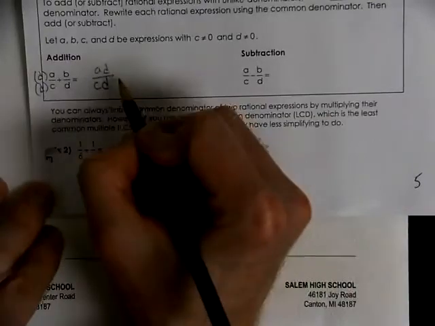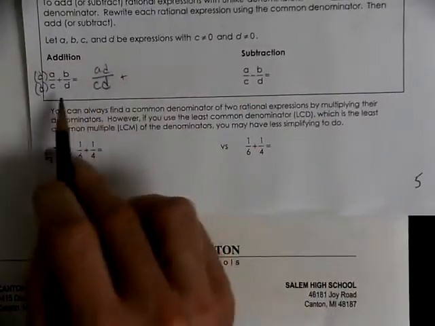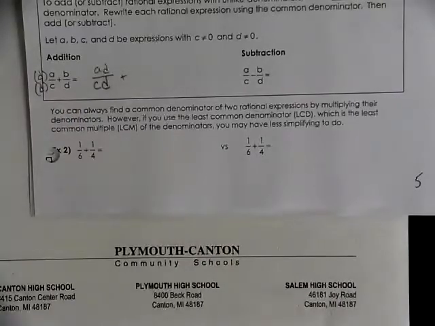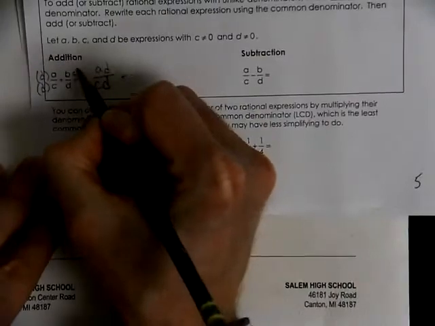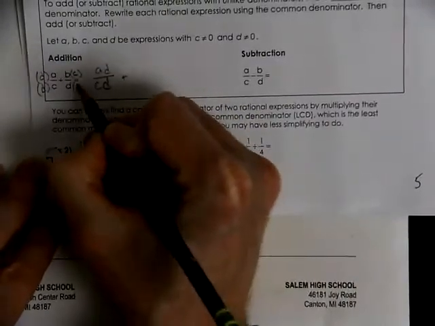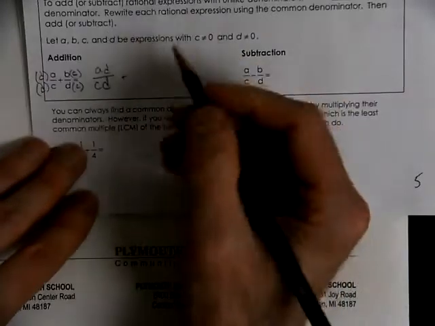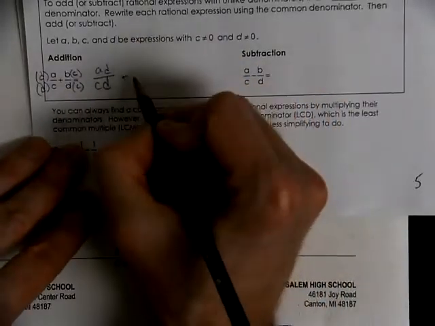Now the second fraction, it doesn't have C and D as a denominator, so can I get it there? Can I get it to look like CD? I would need to multiply by C, so I have to do that to the top and the bottom. To keep the fraction balanced, I have to multiply the numerator and denominator.